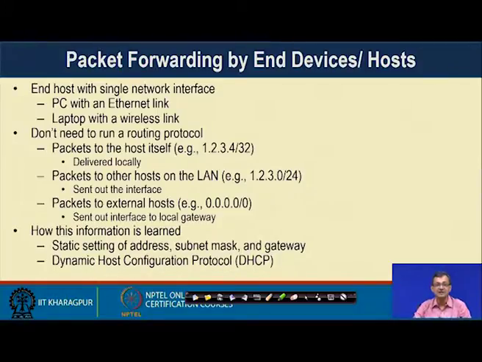The packet to an external host goes to a particular gateway, which is defined in my own TCP/IP properties or network setup. And how this information is learned: either it is statically configured, as my system administrator told me to configure it, or there can be DHCP, the dynamic host configuration protocol, which allows me to configure these dynamically.